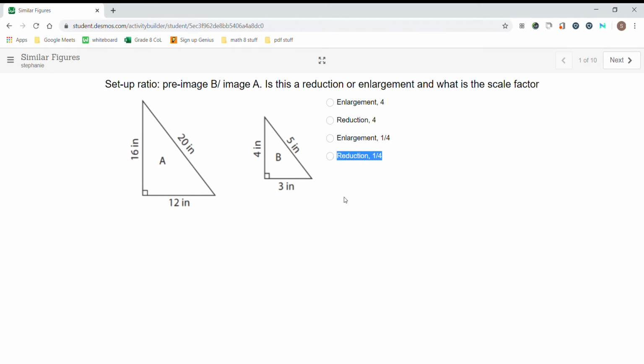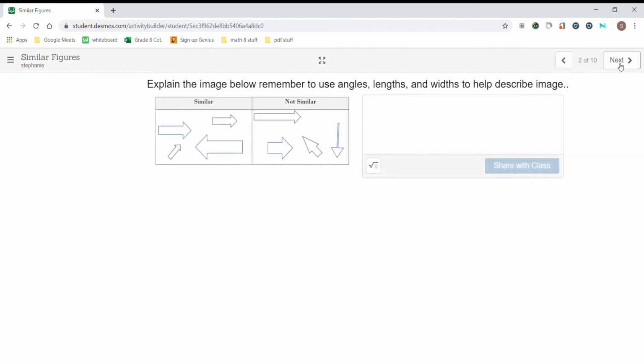Well, in prior lessons when we talked about dilation, we learned that a reduction has to be less than 1, where an enlargement is greater than 1. So a reduction of 1/4 would be our answer for this because it is a fraction. A reduction cannot be bigger than 1. It would just be an enlargement at that point.